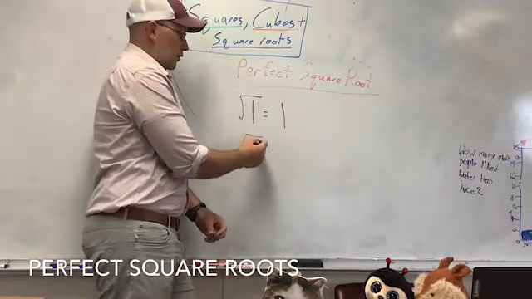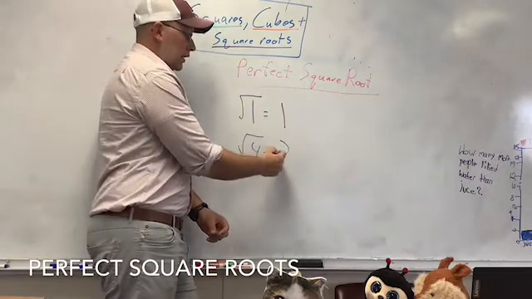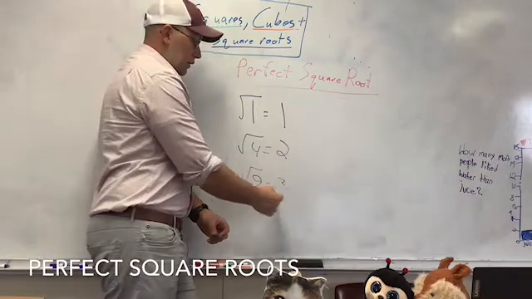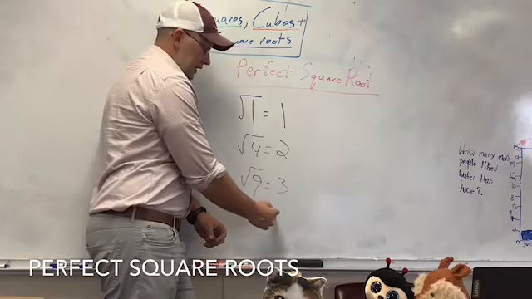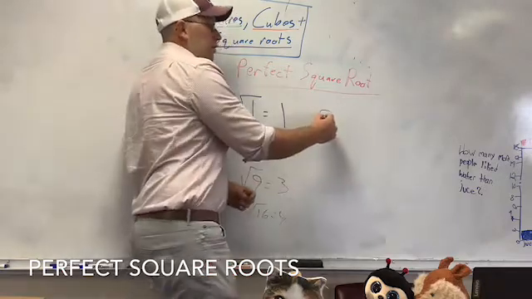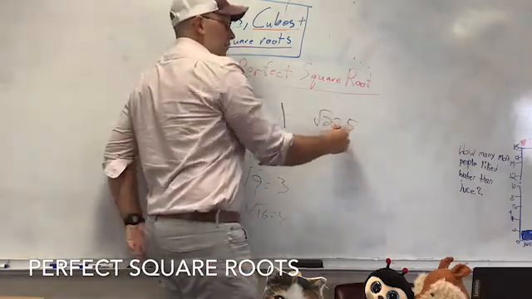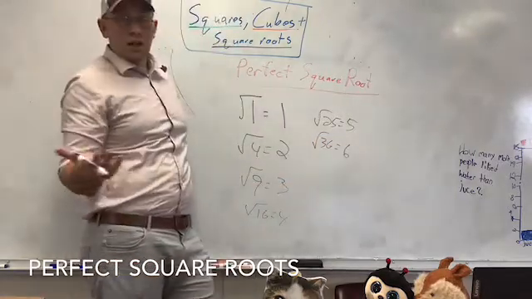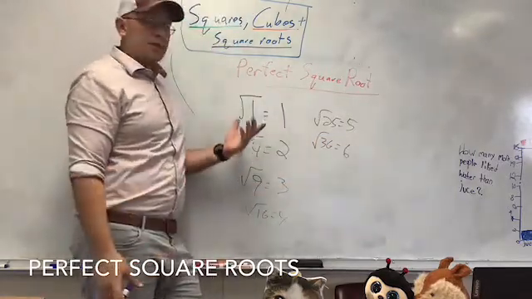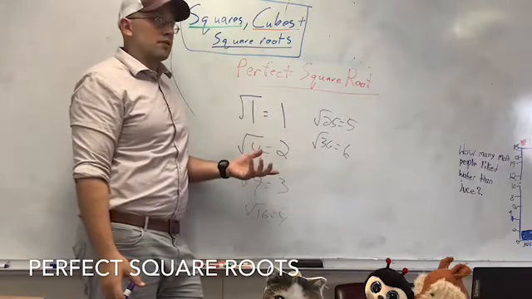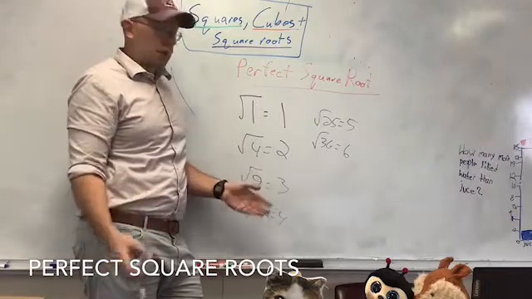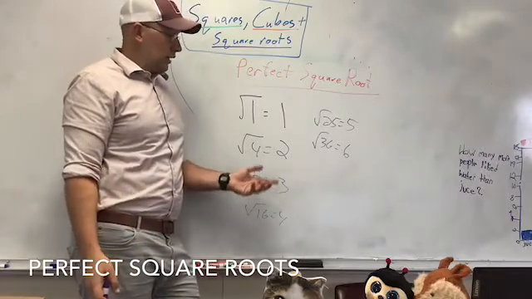So the square root of 1, the square root of 4 is 2, the square root of 9 is 3, the square root of 16 is 4, the square root of 25 is 5, the square root of 36 is 6. I'm not going to go on forever because you can just look it up. I would memorize from about 1 through 15, that's real good to know. If you can get 1 through 12, that'll help too.